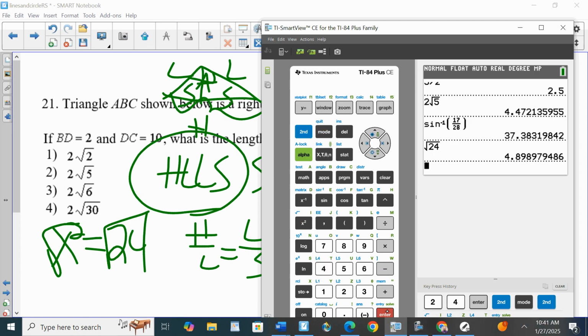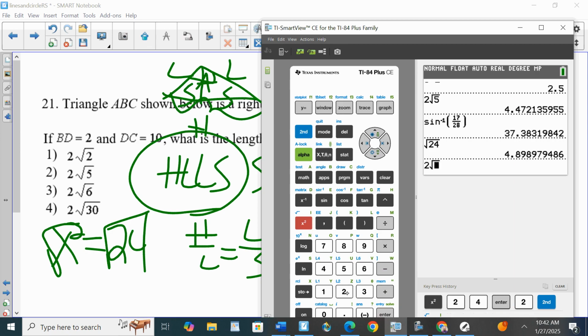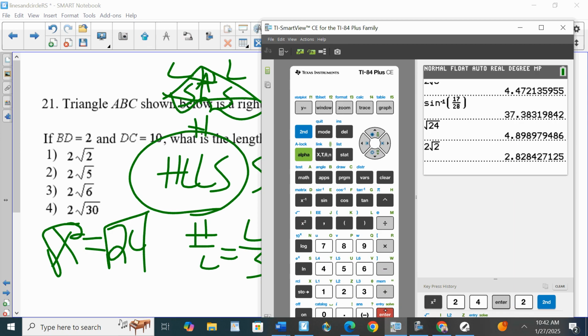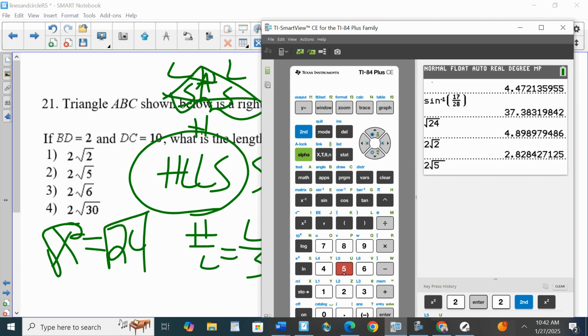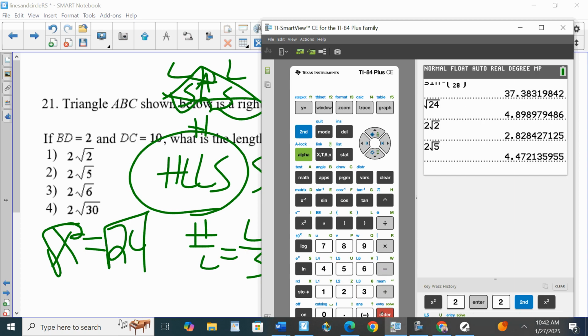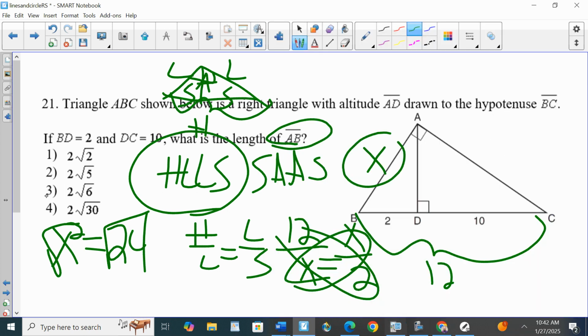I get that decimal. I go to each choice. Is 2 radical 2 that decimal? No. Is 2 radical 5 that decimal? No. Is 2 radical 6 that decimal? Yeah. That's your answer, choice 3.